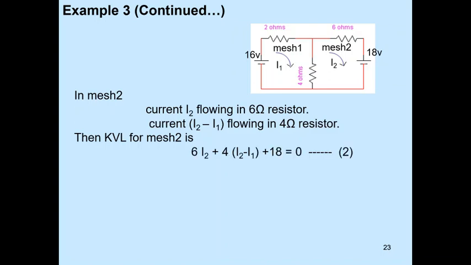So we can write 6I2 plus 4(I2 minus I1) plus 18 is equal to 0. See, here in mesh 1, the voltage source current and this current I1 are opposite, but here they are in the same direction. So 6I2 plus 4(I2 minus I1) plus 18 is equal to 0.